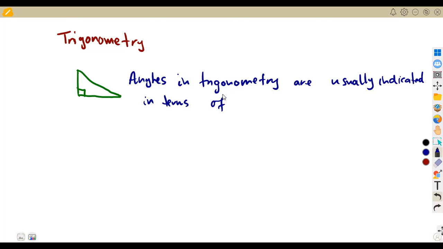We are going to use Greek letters, and the first one we are going to talk about is the one we refer to as theta.